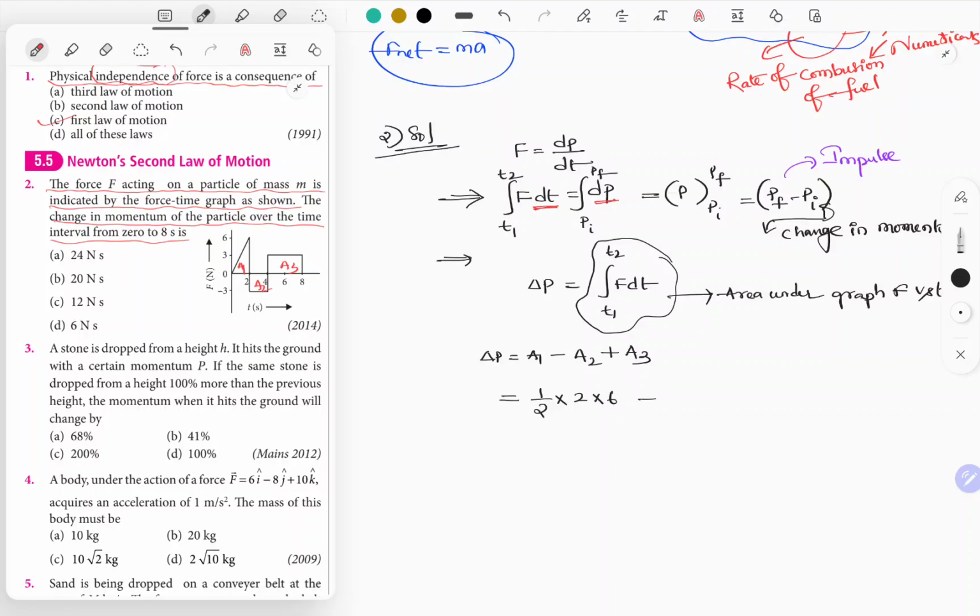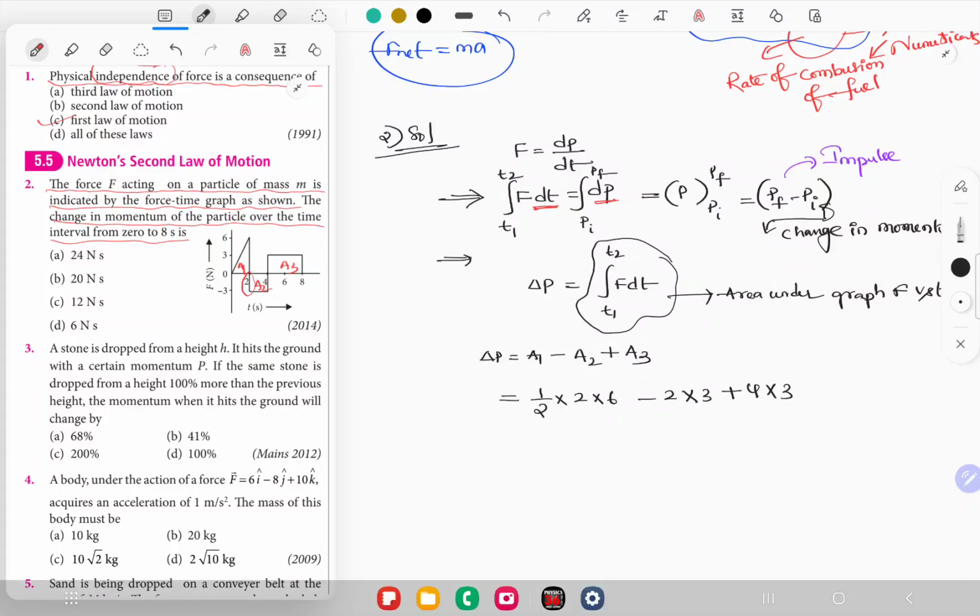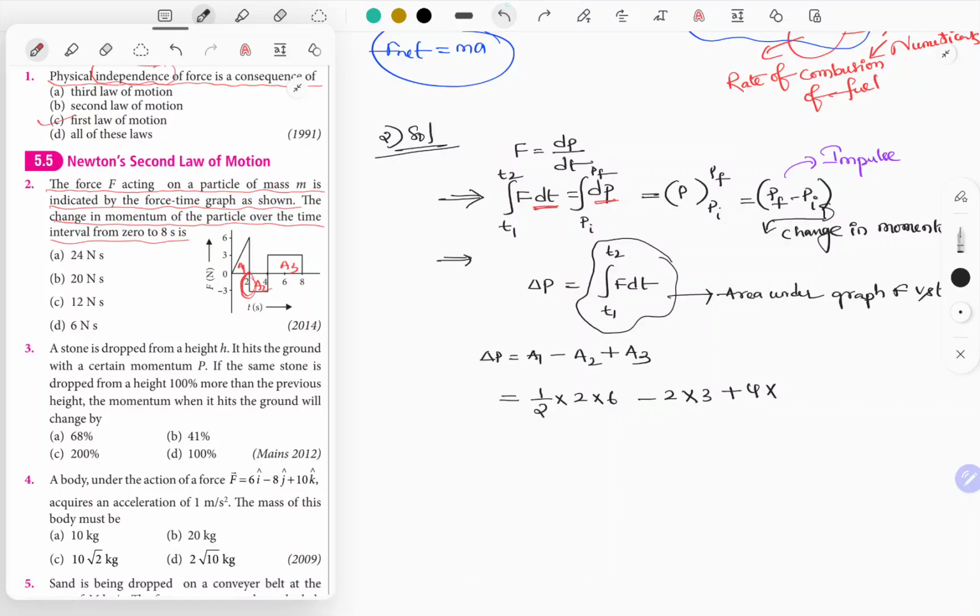So 2 to 4, the difference is 2, and the height is 2. 0 to 3, the difference is 3. Next, plus 4 to 8, the difference is 4 and the height is going to be 3, guys.